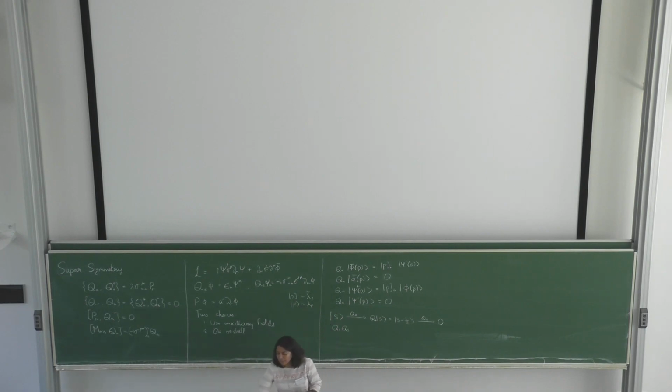And this is actually something special that happens when you are massless. Let's look at why. When you're massless, you can always go to a frame where P mu equals 0, 0, 0, E, which means that your SUSY algebra now looks like this.